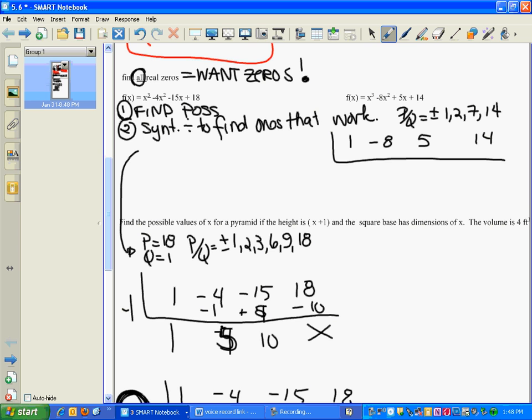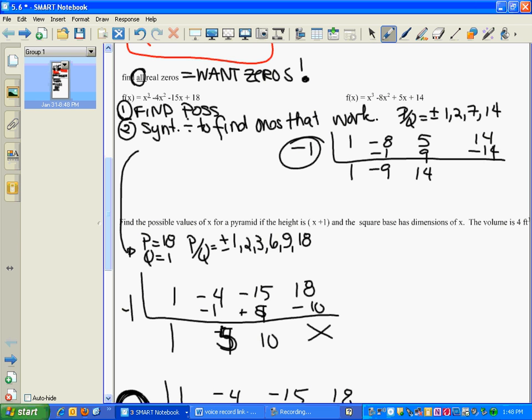Well, you've got 8 because it's plus and minus. Don't forget your plus and minus. Find them? Woohoo. Okay, I got it on the first time.